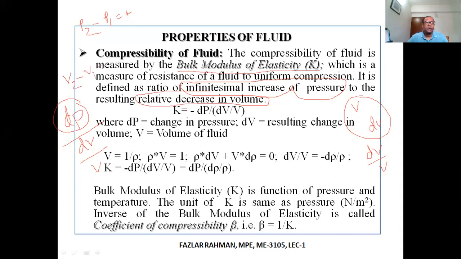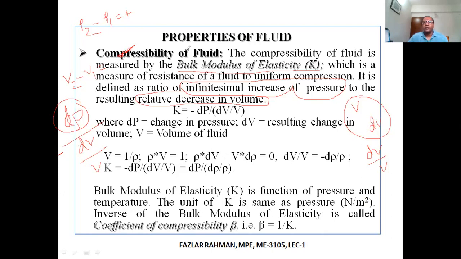Which one will be bigger? Obviously V1 was bigger and V2 will be reduced, because if you apply pressure the volume decreases. So this value gives a negative number, right? But the bulk modulus of elasticity is always a positive number. So in the definition, that's why they put a negative sign in front of this term.